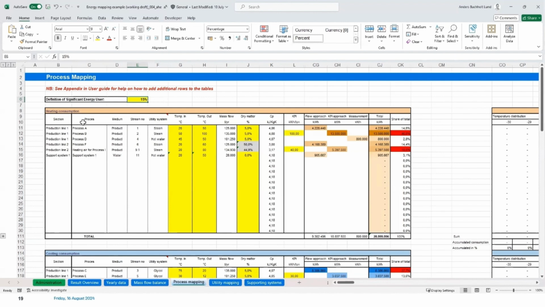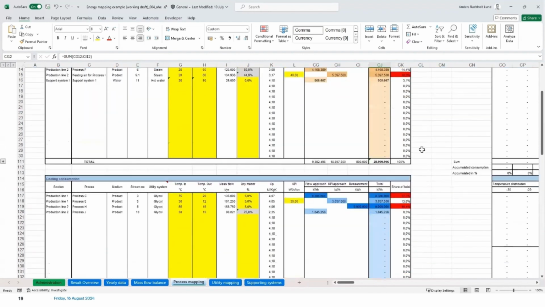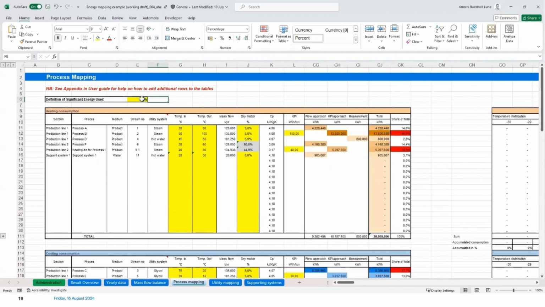For example, you see here in production line 1, process B uses 46.6% of the total heat consumption. So it would be a good process to make energy optimizations on, at least. But that is defined by the site itself: what percentage the significant energy user should be defined as.